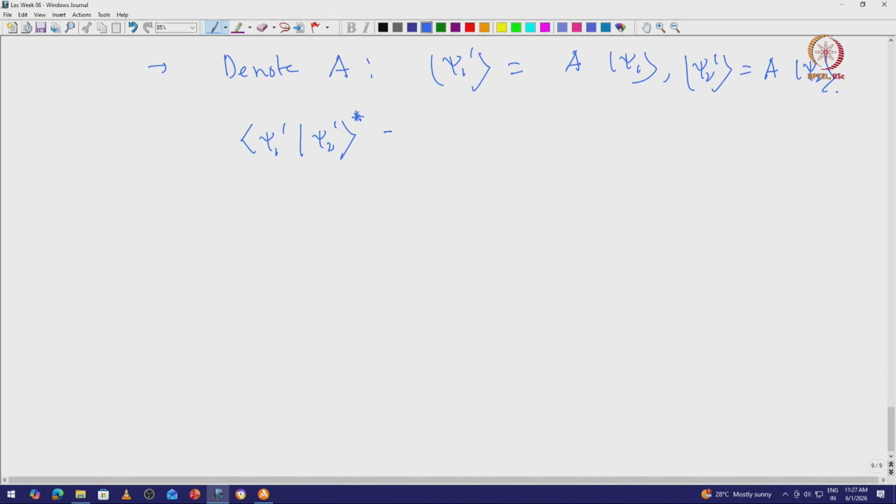Star, this is still identity, yes, identity.